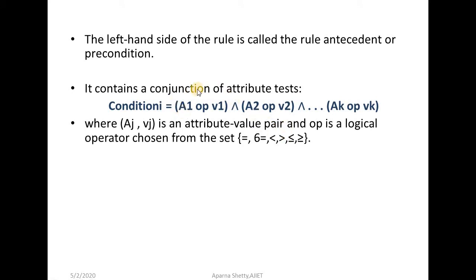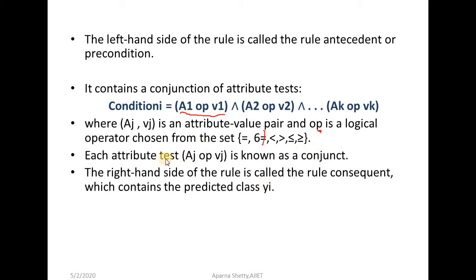The operator here is a logical operator chosen from the set: equal to, not equal to, less than, greater than, less than or equal to, greater than or equal to.